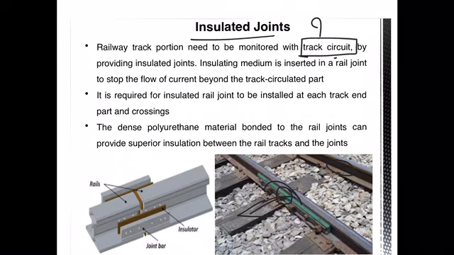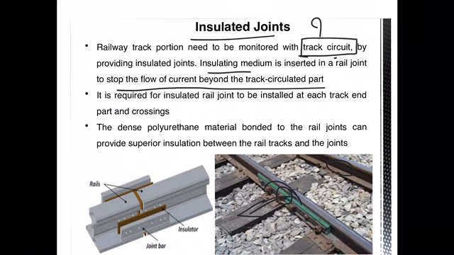So what is the purpose? An insulating medium is inserted in the rail joint to stop the flow of current beyond the track circuited portion. Insulated joints are required to be installed especially on each track end part and also in the crossing section. Usually dense polythene material bonded to a rail joint can provide a super insulation between the rail track and the rail joints.